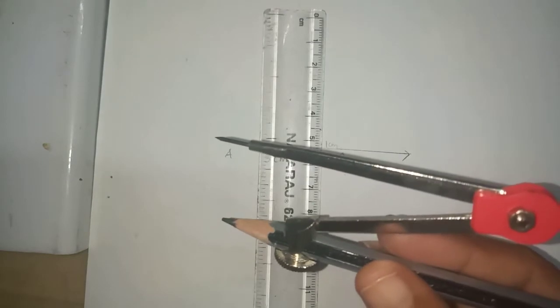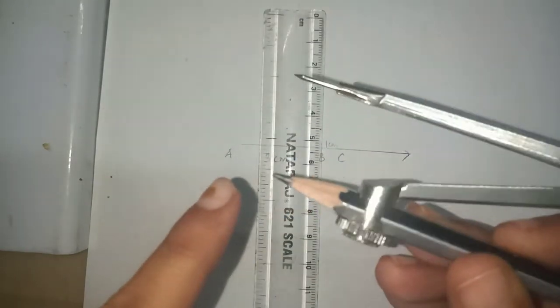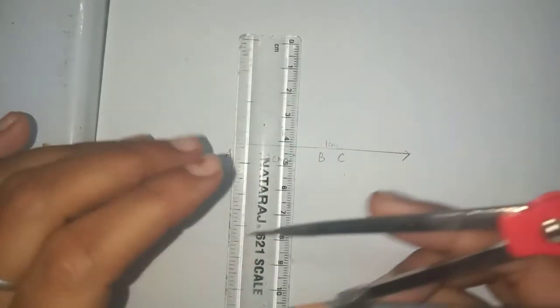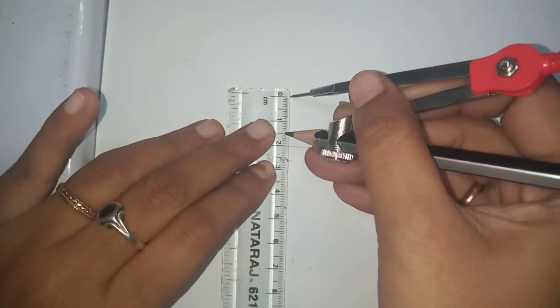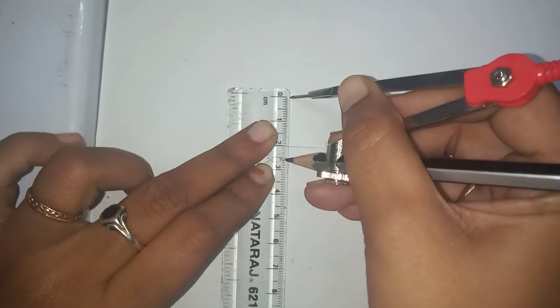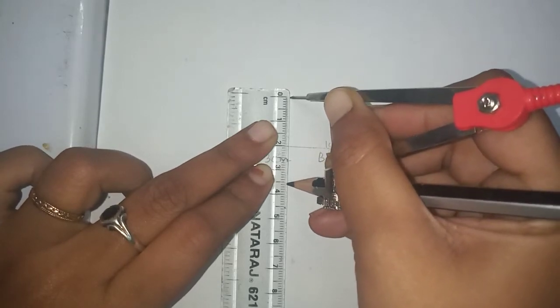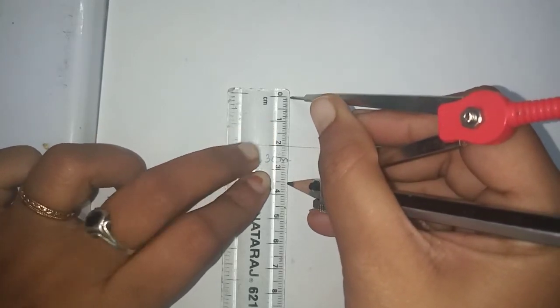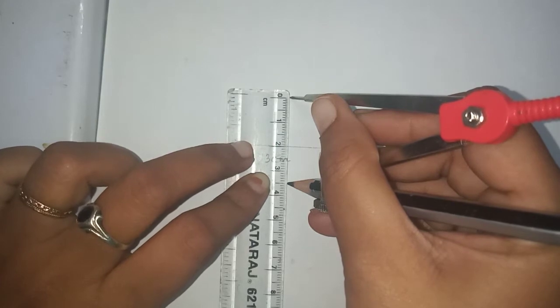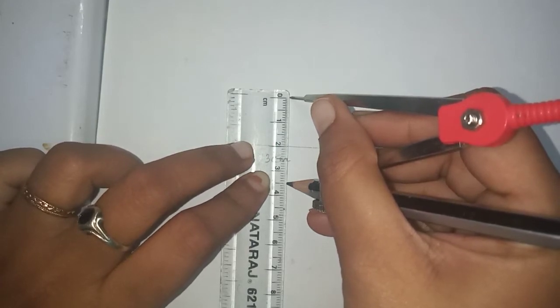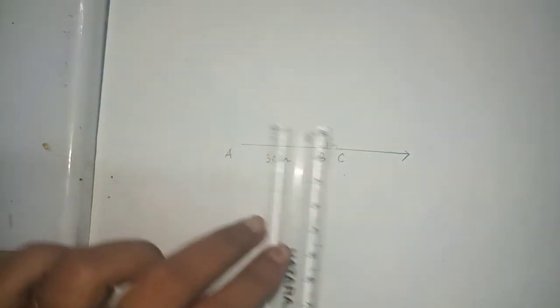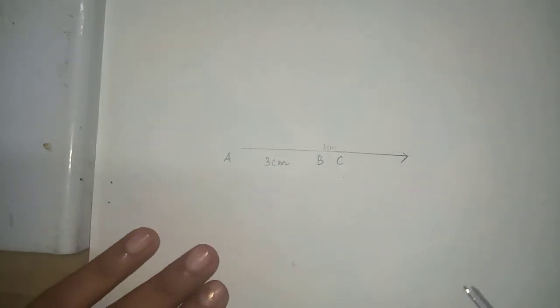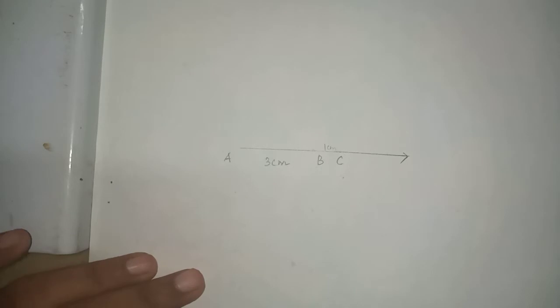You can better use a small size pencil with the sharp edge. So if I am measuring 3.5, you can see it clearly. So I am taking a compass and measuring 3.5 centimeter in a compass. Then you have to draw a more than half of measurement.